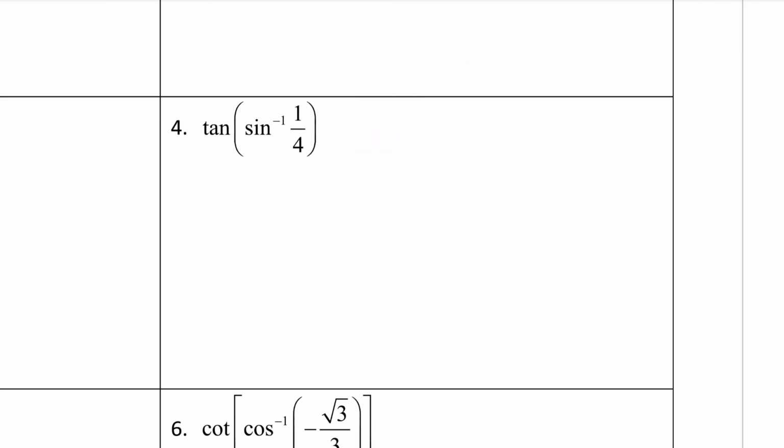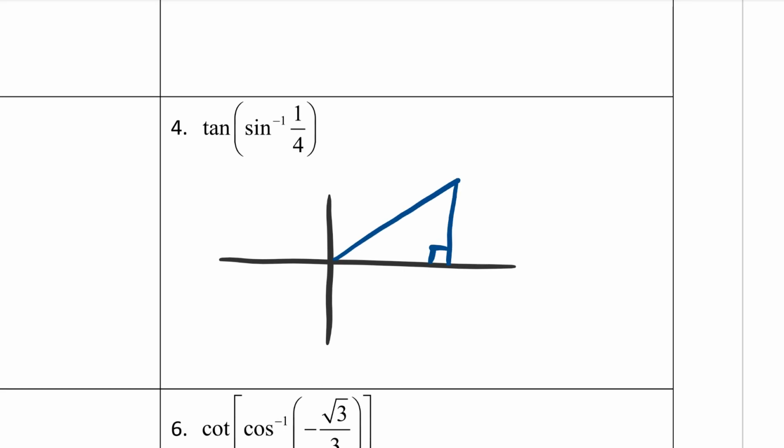Here's our game. Let's do one of these. It's 1/4. Just draw a triangle. Draw an angle and go, hey, 1 and 4. This answer up here, all it's asking for, I can already give you one of the values.